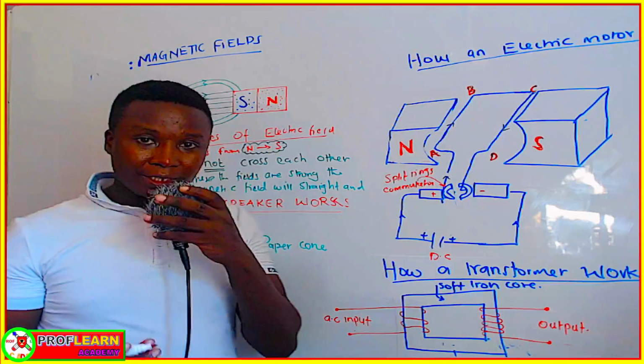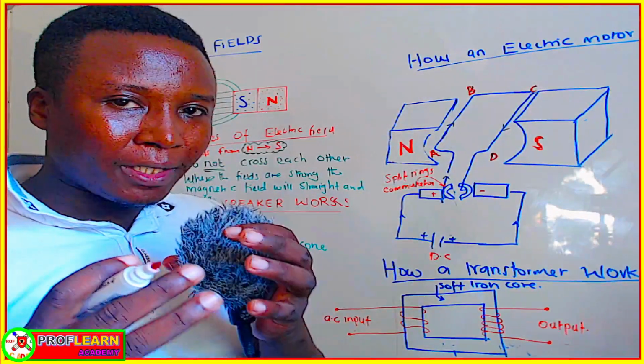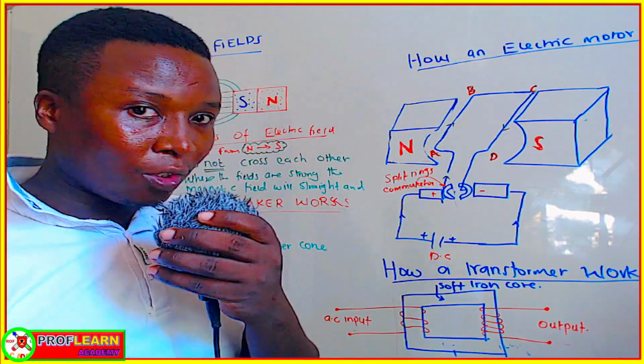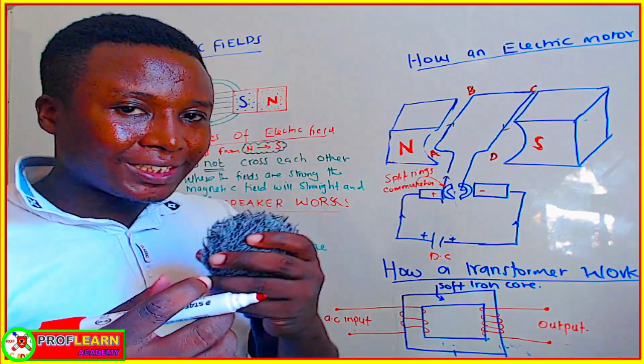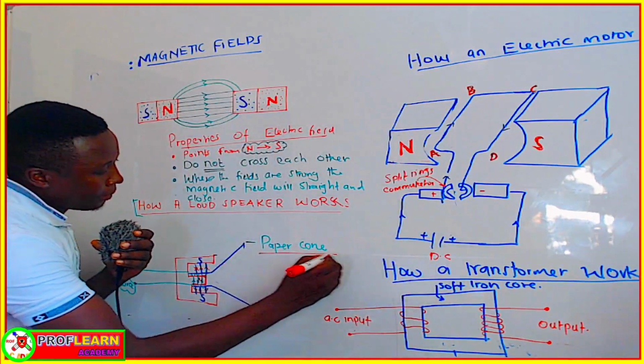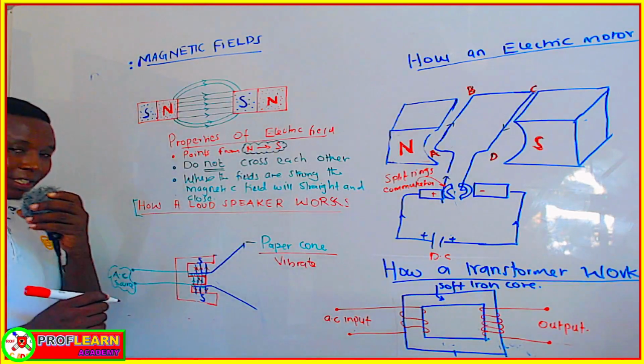The magnetic fields of the permanent magnet will interact with the magnetic field created by the flow of current, and this is going to result in a force. This force is going to make the paper cone vibrate, hence producing sound.